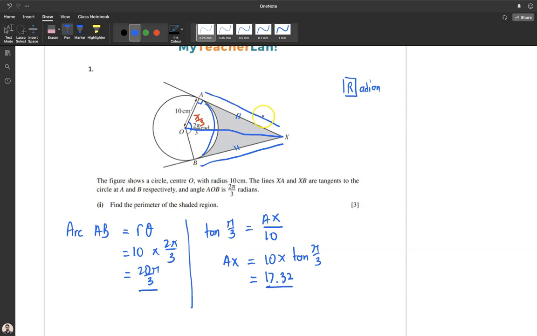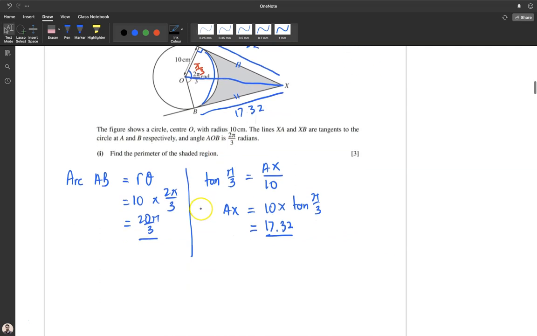I found this and I found this, and I know that this and this must be the same. So I'm just going to add them all up together. Let me use a red color. Perimeter must be equivalent to 2 multiplied by 17.32, because we have 2 of them, plus 20 pi over 3. And the final answer in 3 significant figures is 55.6 centimeter. So that's your perimeter.